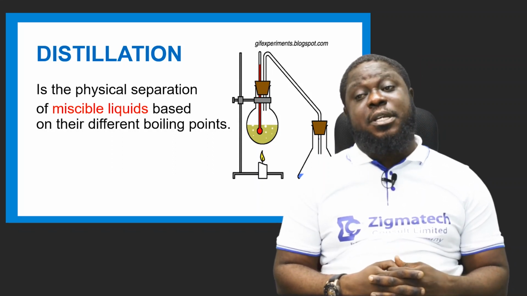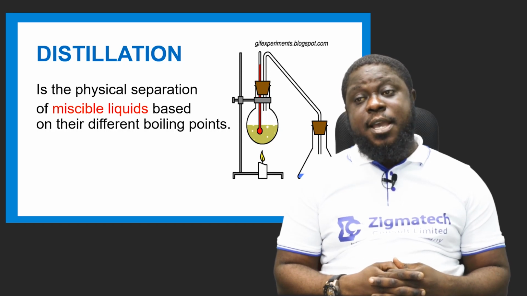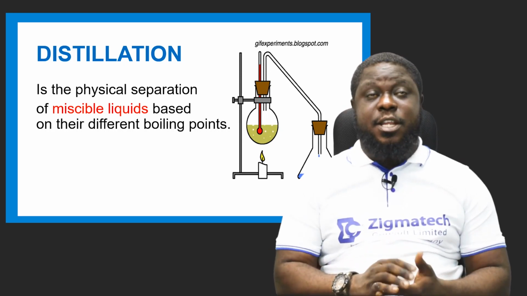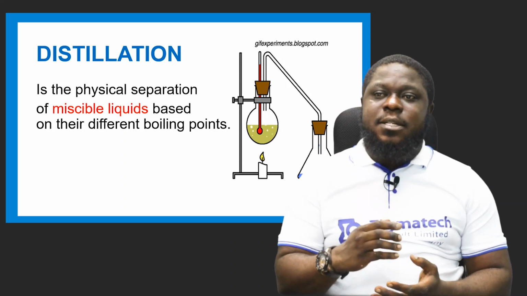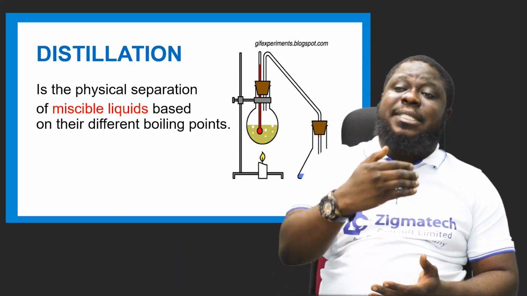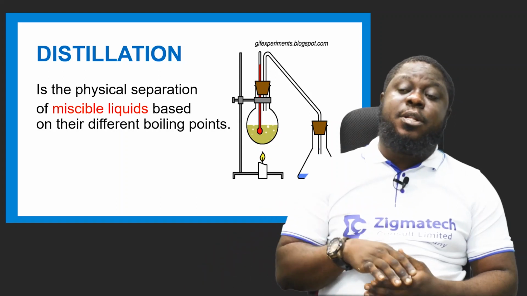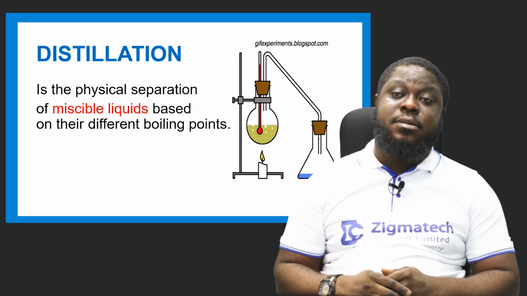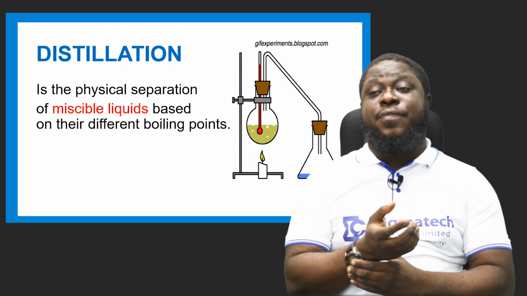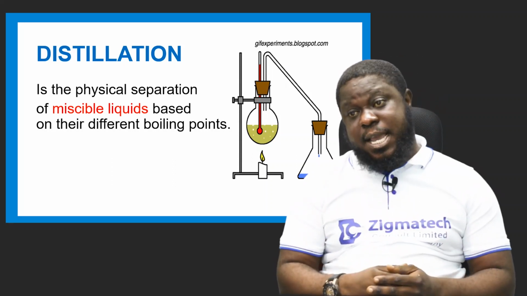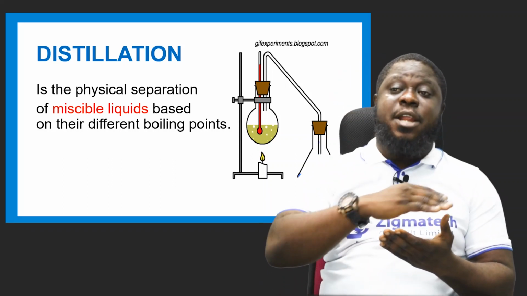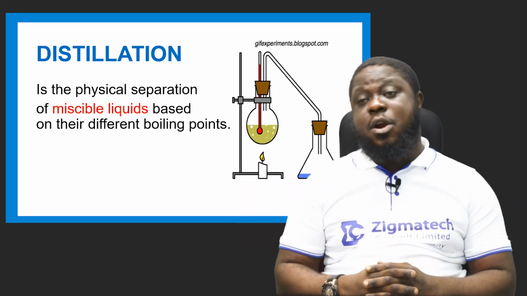As you can see on your screen, the substances are being heated. When it gets to 70 degrees centigrade, you see the ethanol going out into the collecting flask. The ethanol is evaporating and condensing into the flask.